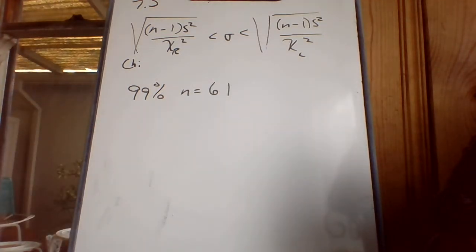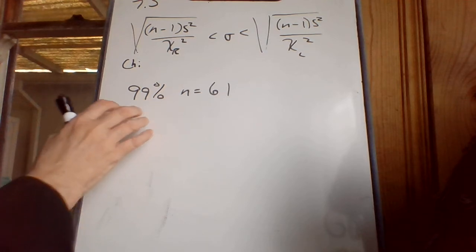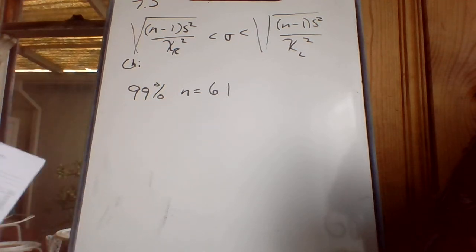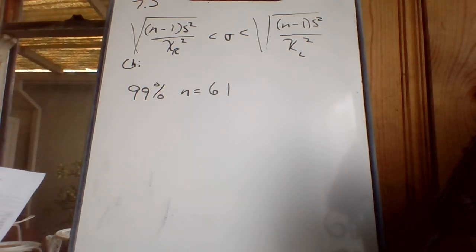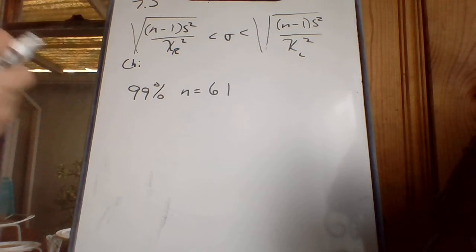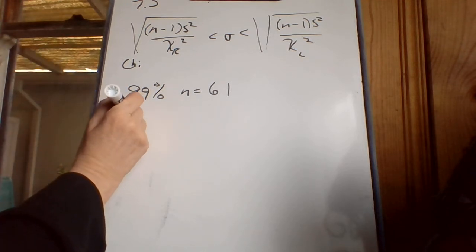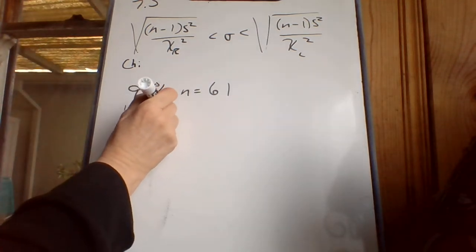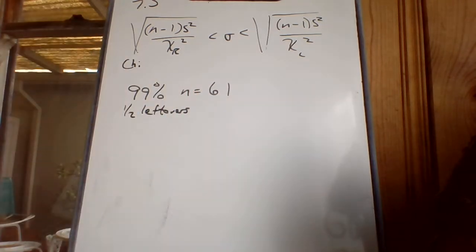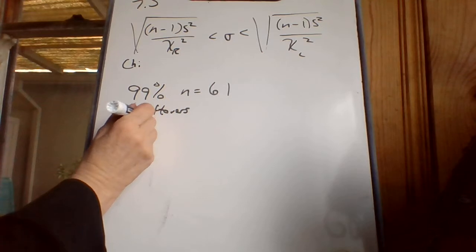And I need to know how to get some numbers from this chart into those two things. First of all, the 99%. You don't look down the 99%. You think that should be a good place to start, but you don't, because it's a half the leftover situation. The leftovers is 1%, and half the leftovers is 0.005.